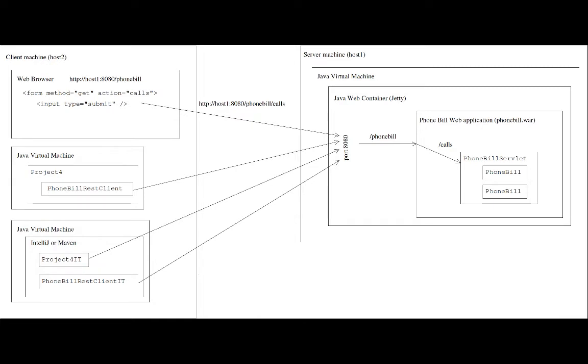But this means that if you're using test-driven development and you're writing your tests to fail, and then you need to implement the code to get the test to pass, you change your servlet code, and every time after you change your servlet code, you need to then stop your Jetty and rerun Maven Jetty run so that it'll recompile your servlet code, redeploy it to the servlet container, start up your web application again. That takes quite a while, and you don't have that rapid feedback that you get with unit tests.